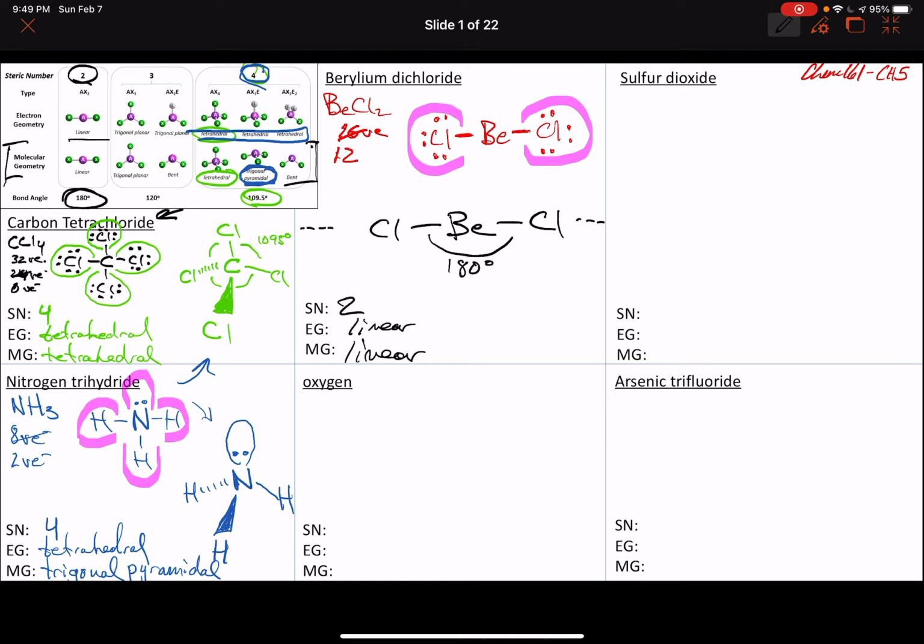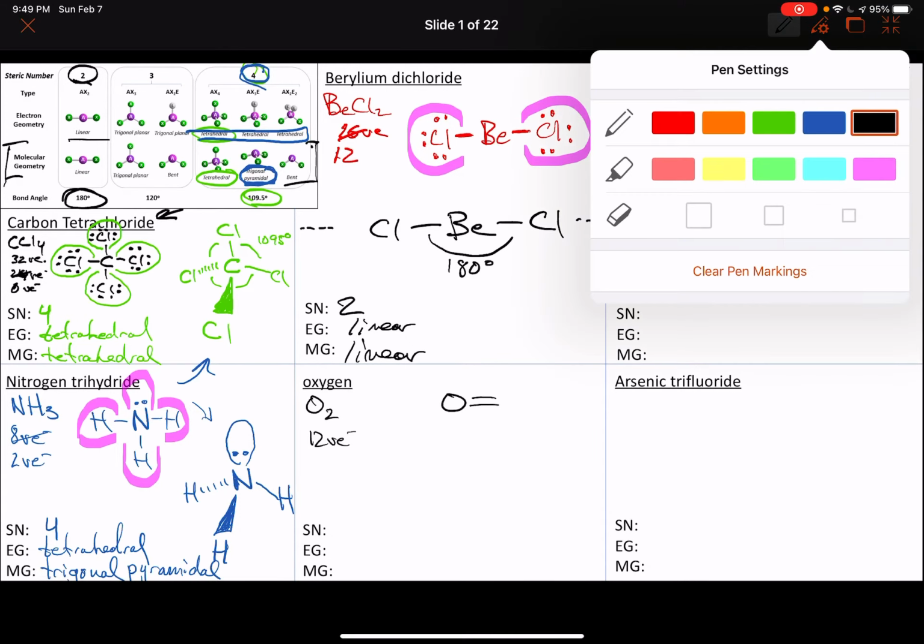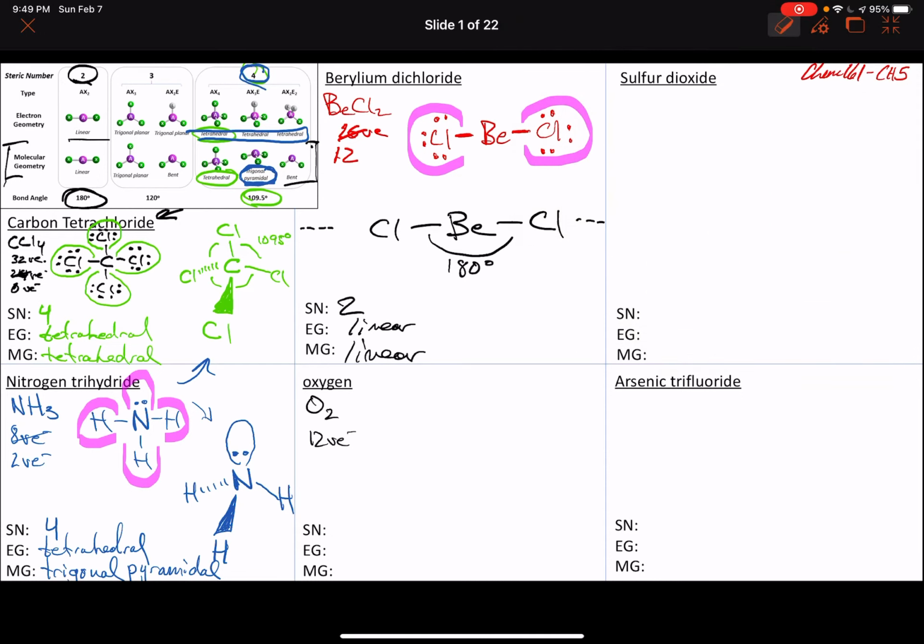Looking at our next example, we have oxygen. So this is O2. We are dealing with 6 times 2, 12 valence electrons. We don't have a central atom because there's only 2 atoms here.